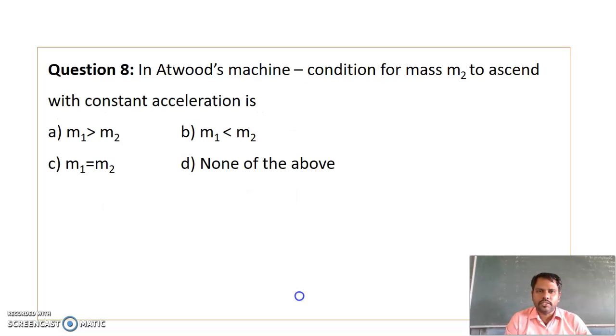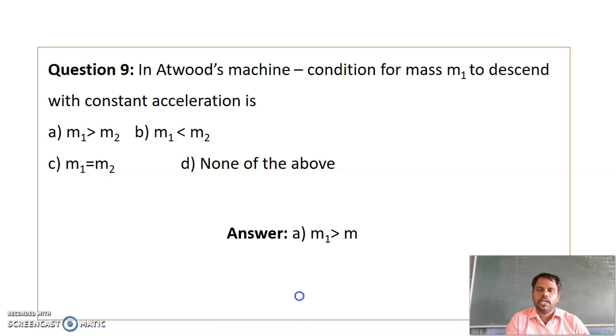In Atwood's machine, the condition for mass m2 to ascend, that is m2 should move upwards, is m1 less than m2. Question 9. The condition for mass m2 to descend with constant acceleration is m1 greater than m2.